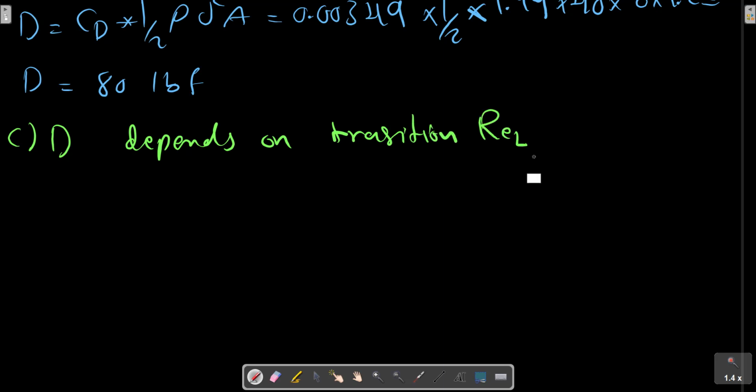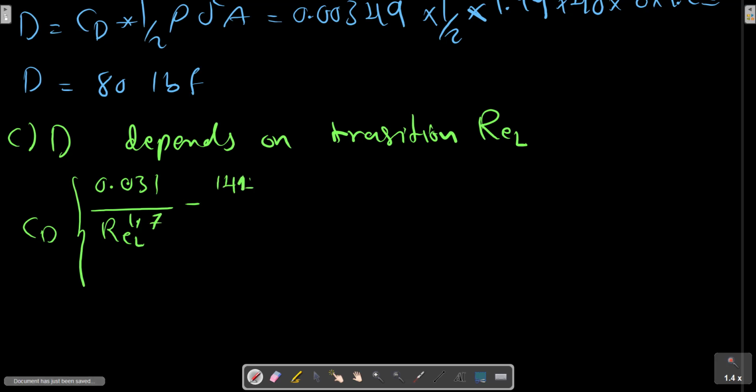In this case, we have a conditional relation from before, which had two drag force formulas for the hydrofoil based on our transition Reynolds.